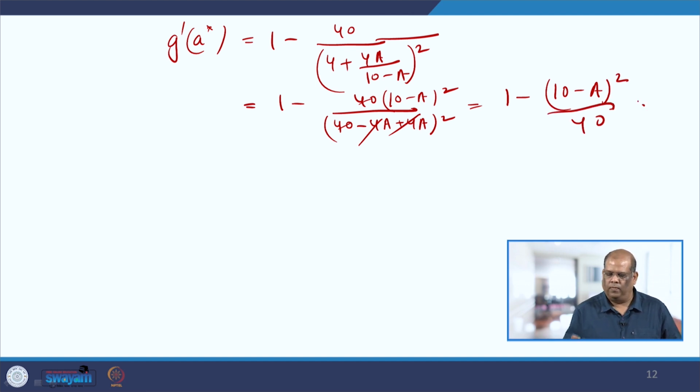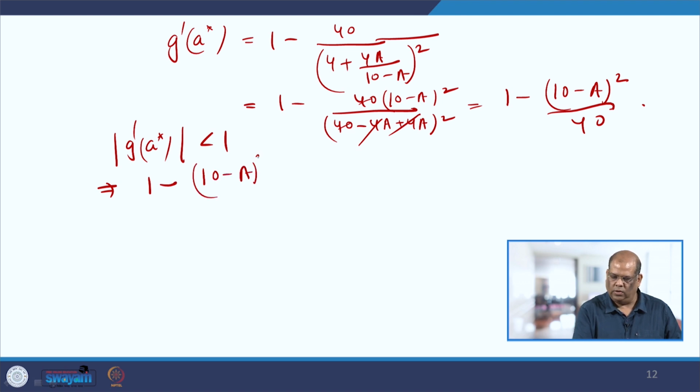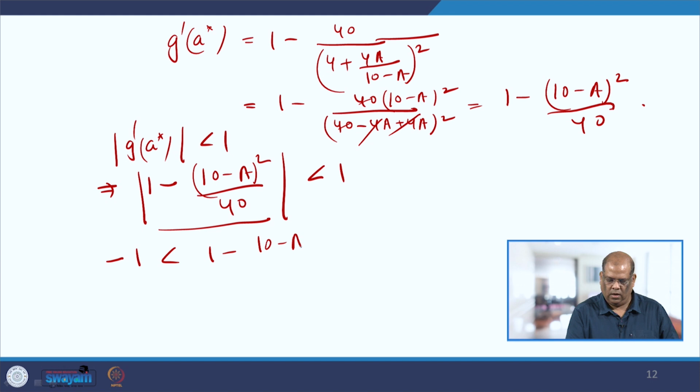Now, for the system to be stable at the point A star, the modulus of G dash A star must be less than 1. So this implies the modulus of 1 minus 10 minus A whole square divided by 40 must be less than 1. If the mod of this is less than 1, it means this whole thing lies between minus 1 and plus 1.